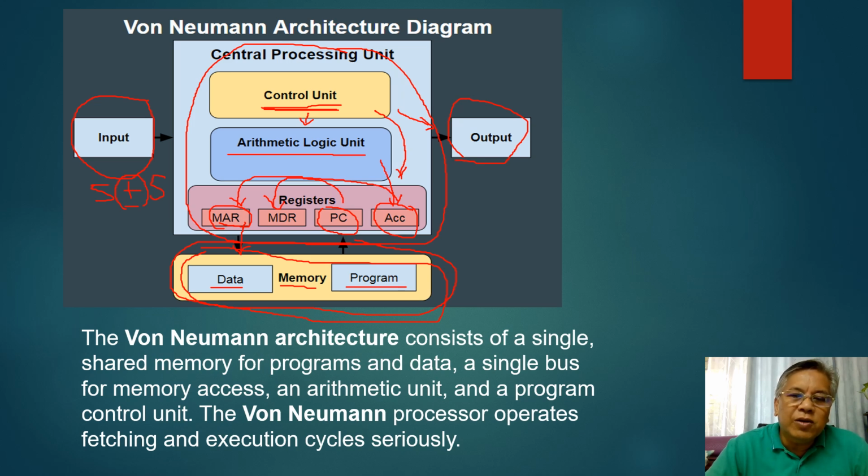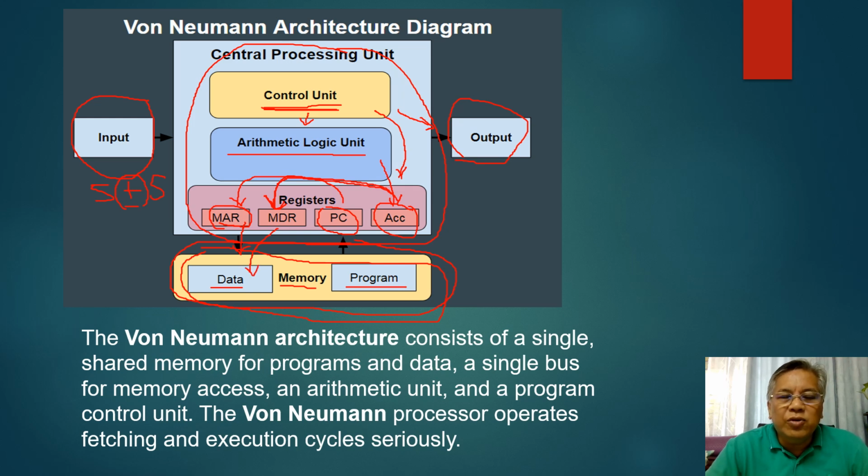So, coming from your accumulator, the result of your arithmetic logic operation will be stored temporarily again in your accumulator. The accumulator will then transfer that into your memory data register, or the accumulator will provide this data into your MDR or memory data register. This memory data register will now be transmitted into your data here. Okay?